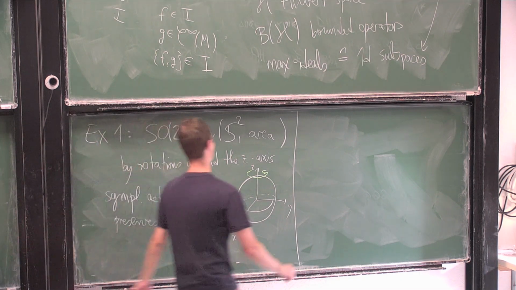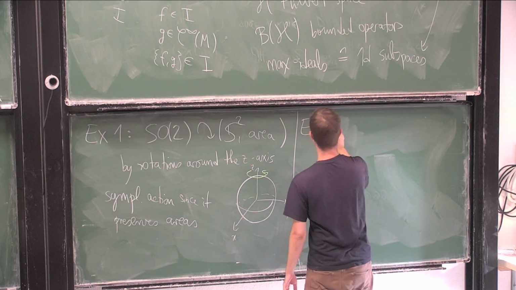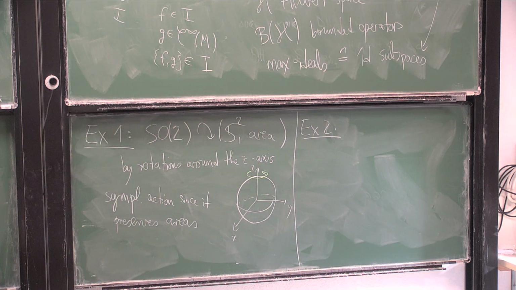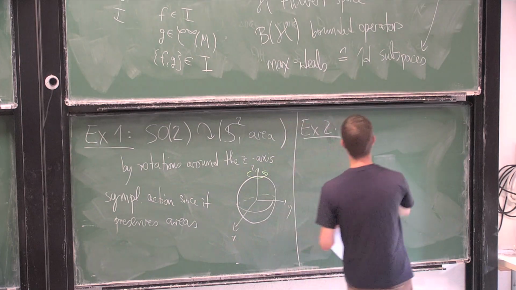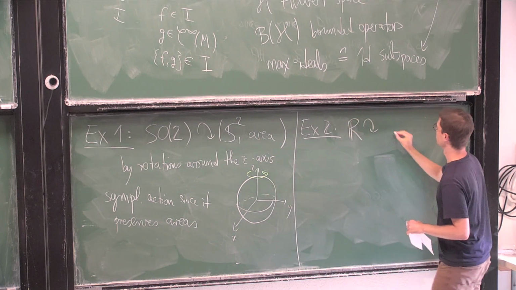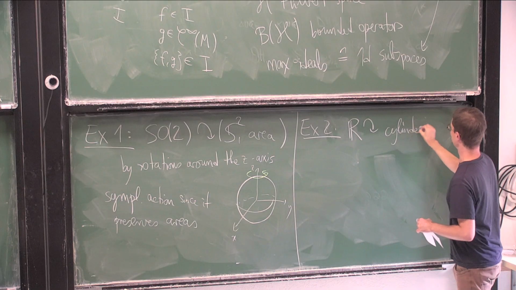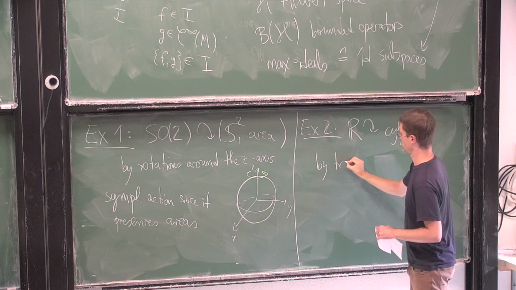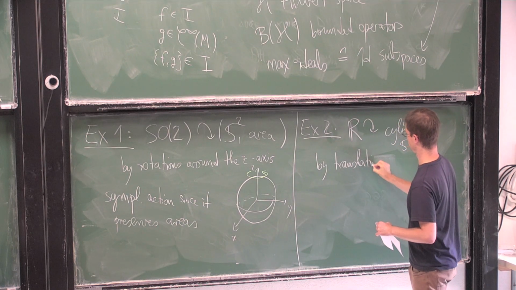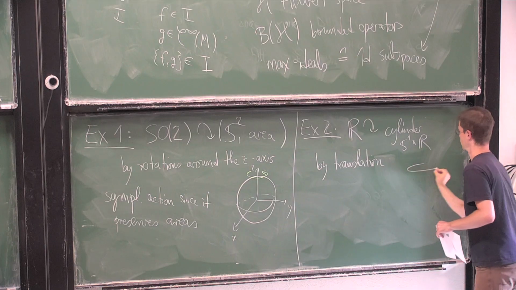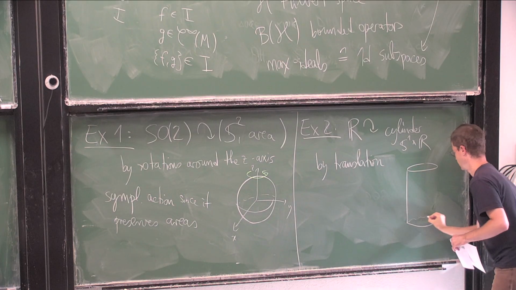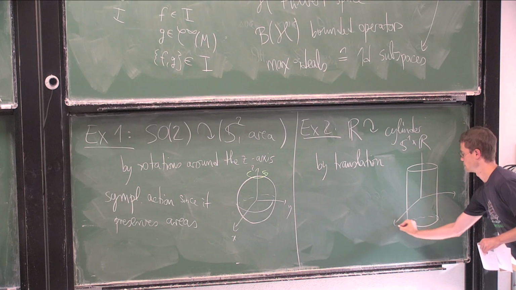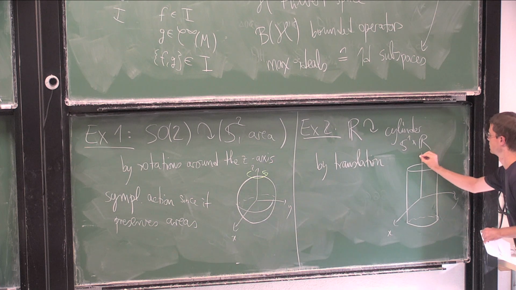Okay, before thinking about whether it's Hamiltonian, let's see the second example. Example two will be R acting on a cylinder, like S^1 times R, by translation. So again you have an infinite cylinder, with axes x, y, z.